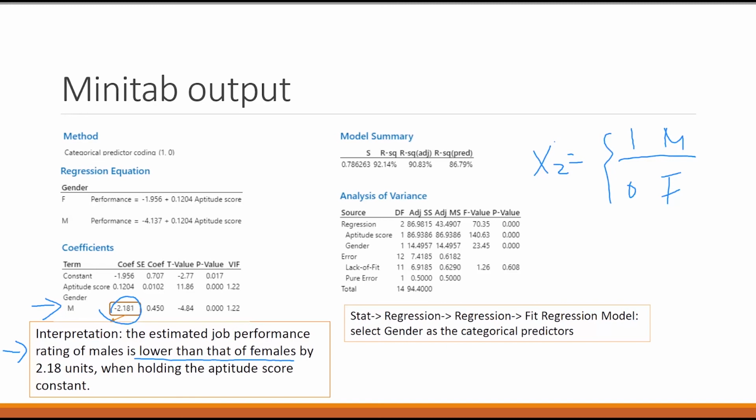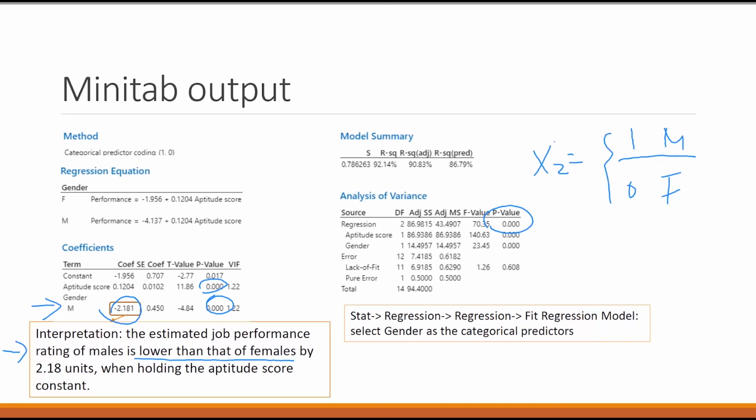If you look at the F-test here, the p-value for the F-test is 0, which means the model is valid. If you look at the individual t-tests, both p-values are 0. That means both coefficients are significantly different from 0. Both variables are important in predicting y.